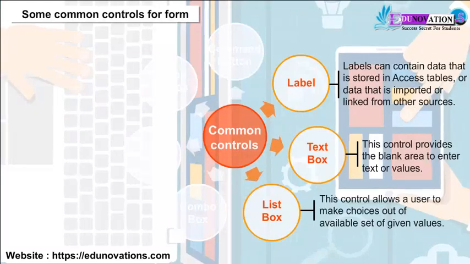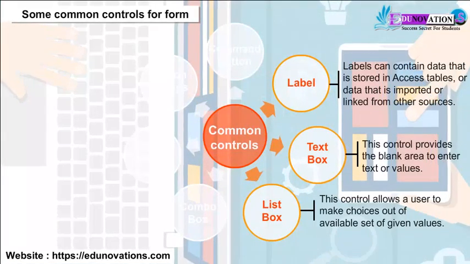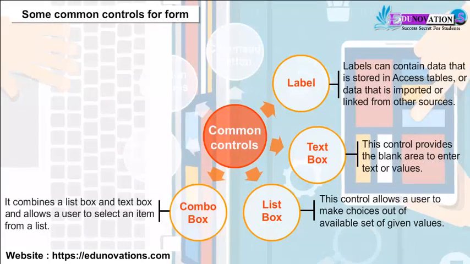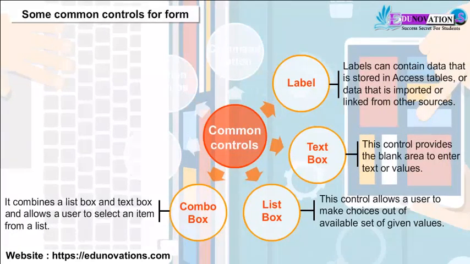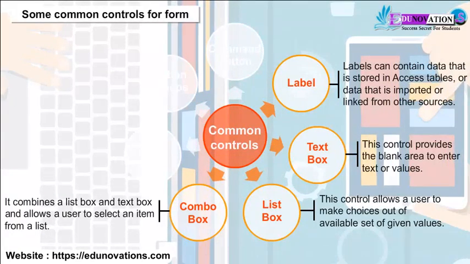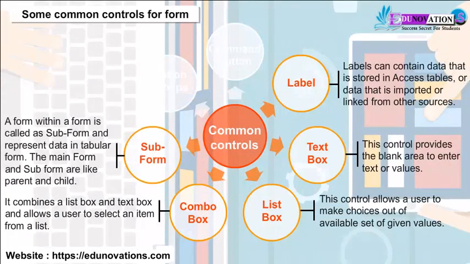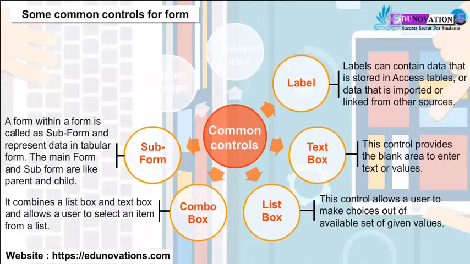This control allows a user to make choices out of an available set of given values. Combo box. It combines a list box and text box and allows a user to select an item from a list.